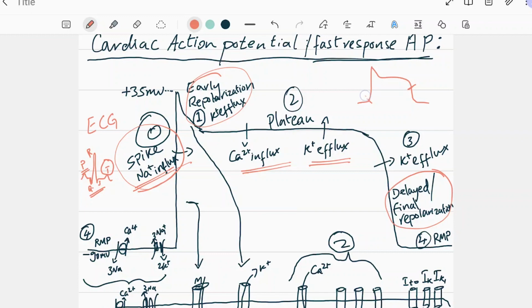That absolute refractory period starts with phase 0, meaning the initiation of the spike potential, up to the first 1/3 of final repolarization. Relative refractory period happens after this 1/3 of repolarization, up to the restoration of RMP.